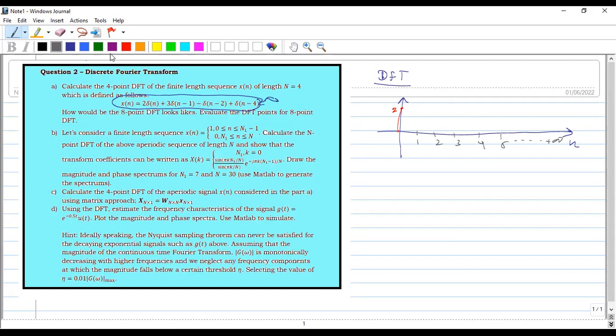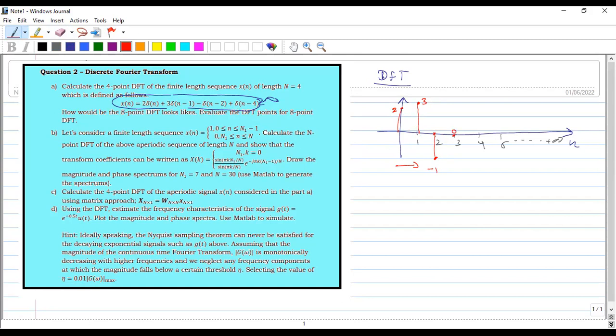So this is the zeroth one, and this is delta n minus 1. That means it is shifted by 1 in this direction. Here we have another impulse at 3. Here n minus 2, that means at this point we have a minus 1 impulse, so it will be minus 1, and at 3 there is no impulse, 0.